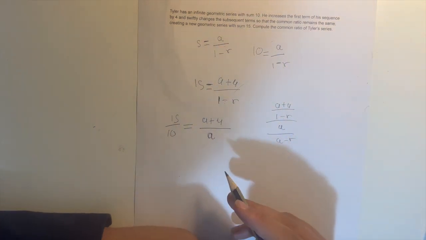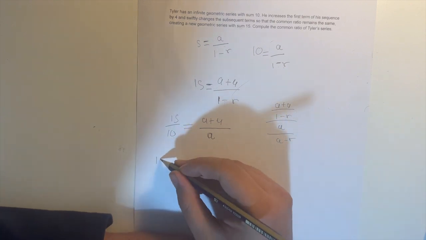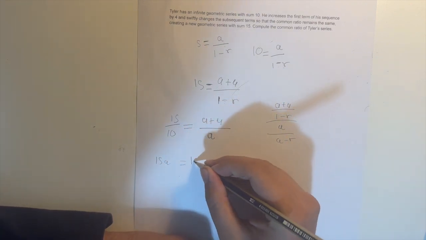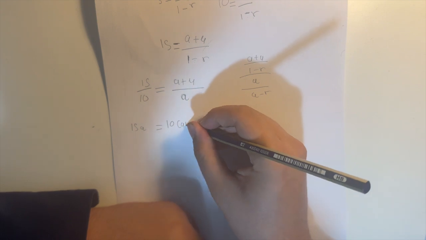So we're going to use simple cross multiplication here. So 15A is equal to 10 times A plus 4.